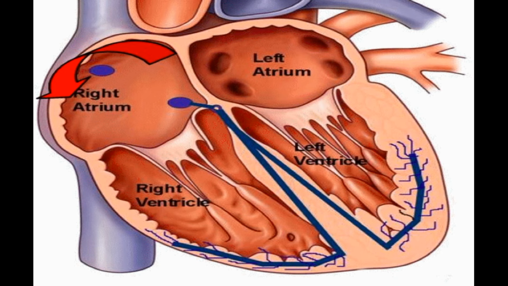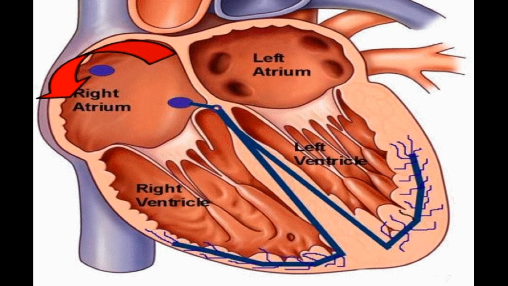It starts on the 22nd day of intrauterine life. It starts giving the beating, and this goes to the lower chambers through the AV node, which we call the transmitter. Through it, the impulse goes to the right bundle and left bundle, and when it gives the electrical supply to the lower chamber, the heart starts contracting.